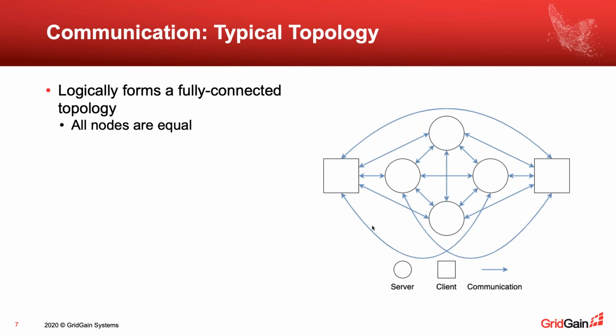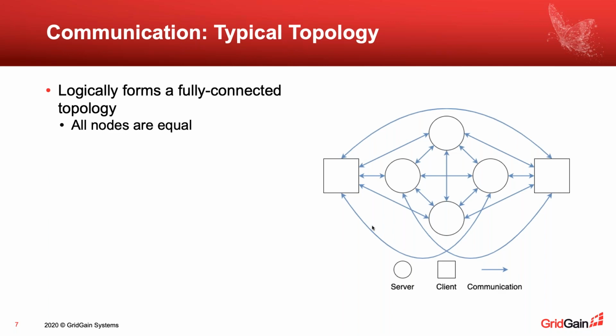So let's look at a typical communication topology. Logically, in communication, all nodes are connected. So it forms a fully connected topology. All nodes are equal. All nodes are interconnected. Any node can open a connection to any other node. But at the same time, as we have said, just keeping all these connections always online can sometimes be costly.